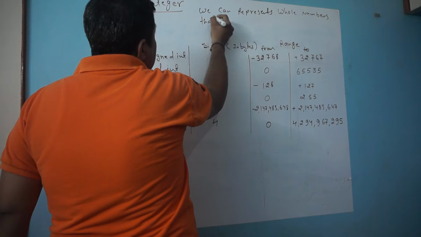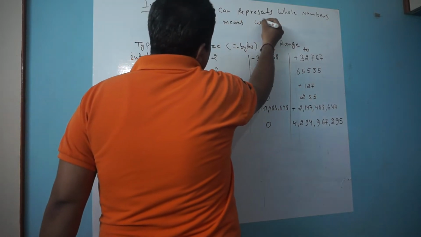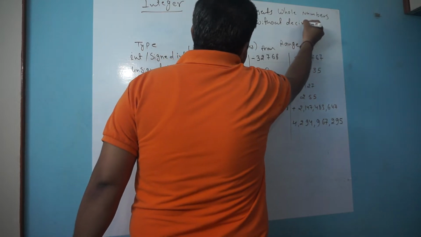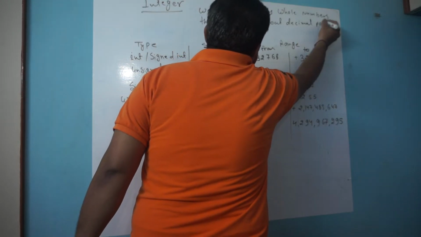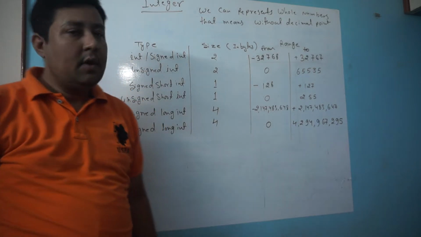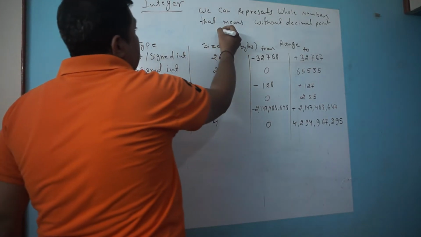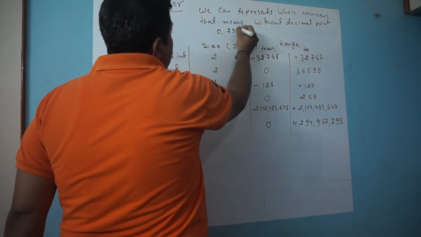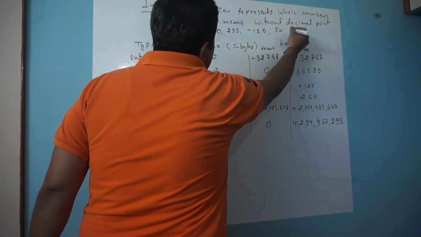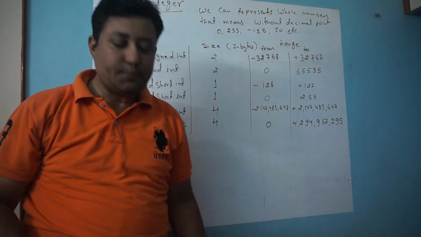That means without a decimal point or fractional part. Whole numbers we can only represent, that means 0, 2, 55, minus 128, 50, etc. There is no decimal point in these numbers.